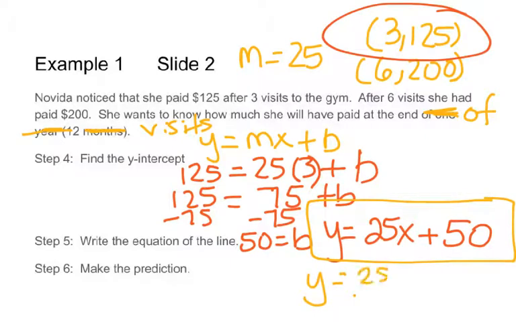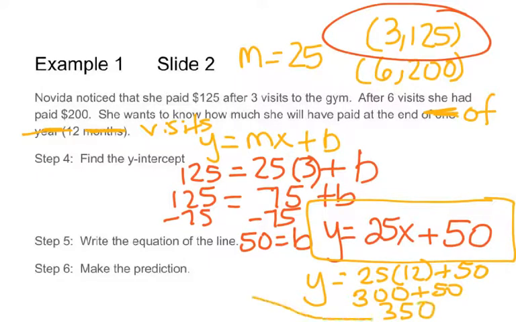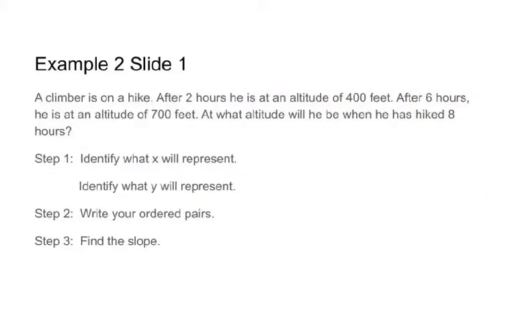So we are going to replace X with 12. 25 times 12 is 300 plus the 50 is 350. So our prediction is that if she goes for 12 visits, she will end up paying $350.